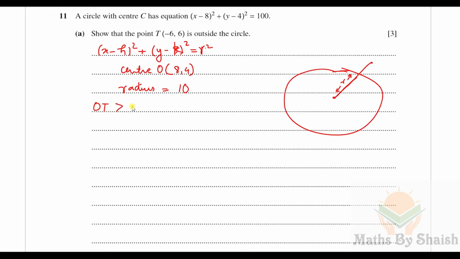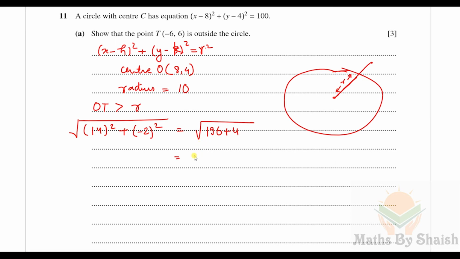CT is going to be the square root of (8 − (−6))², which is 14 squared, plus (4 − 6)², which is (−2) squared. That is 196 plus 4, which is 200.